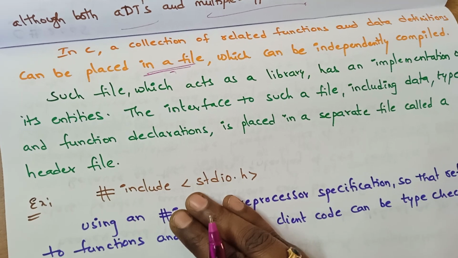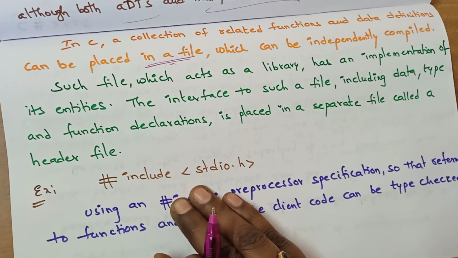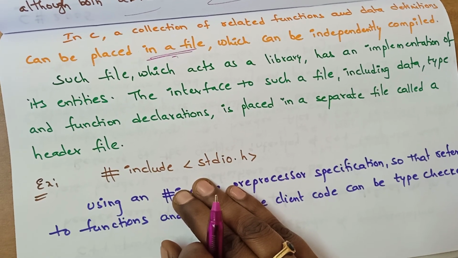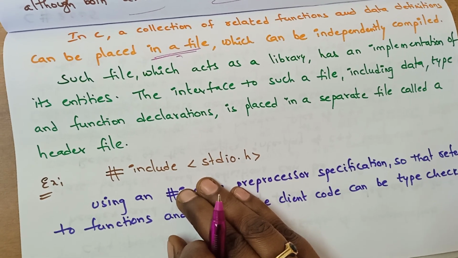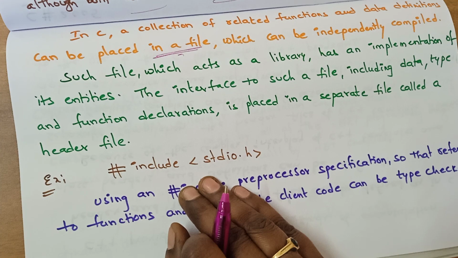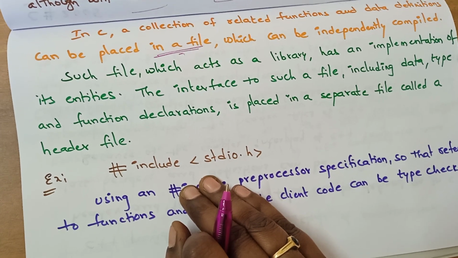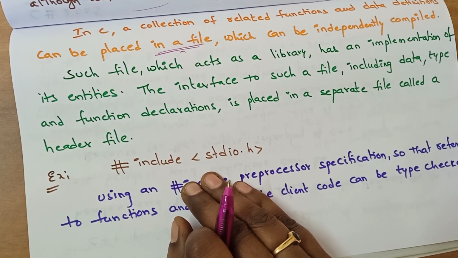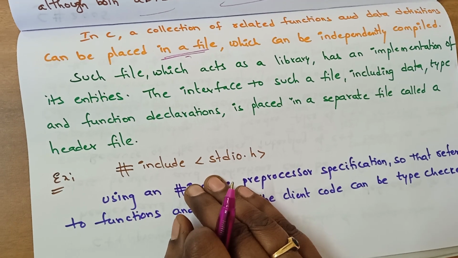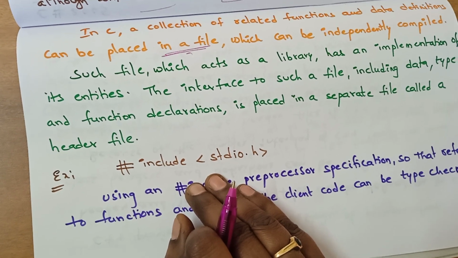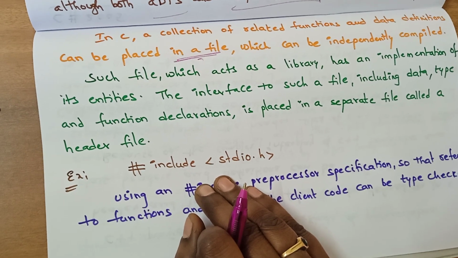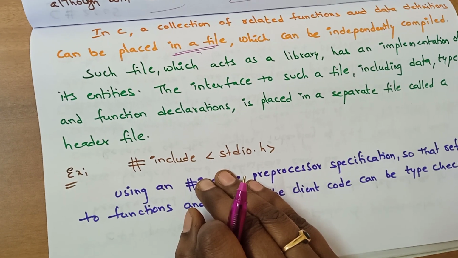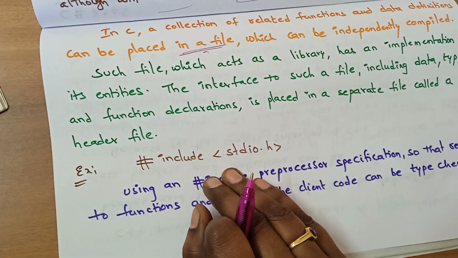This header file is in source form, and the compiled version of the implementation file is furnished to clients. When such a library is used, the header file is included in the client code using a hash include preprocessor specification, so that references to functions and data in the client code can be type checked.